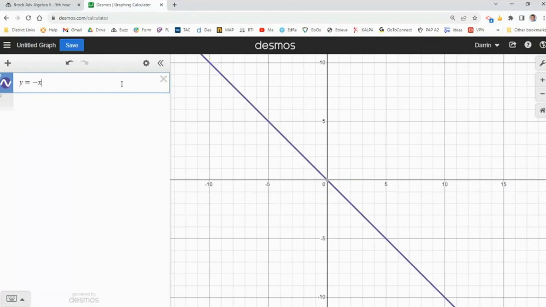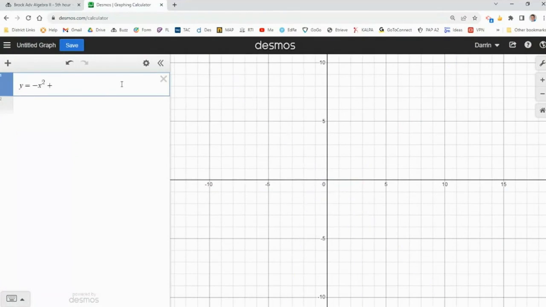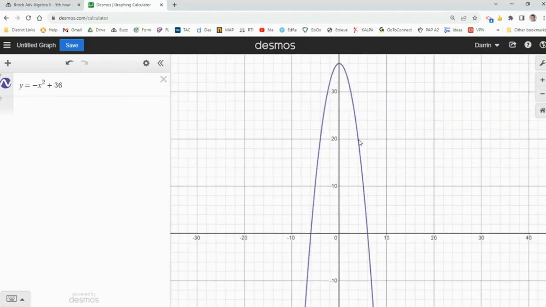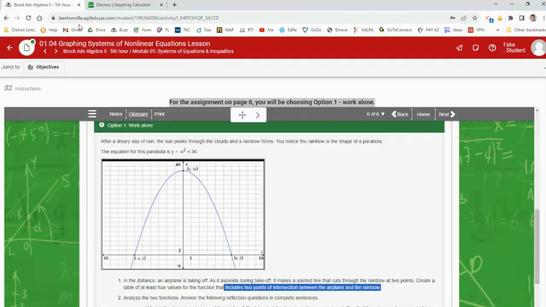So you can have those on Desmos and find some points you like. Oh, 4, 20 is a point. There you go. You can find some points where the airplane goes through there, but it may not be exact points. Oh, does it go to an exact point there? 2, 32 is a point. So you go 2, 32 and negative 4, 20 or something like that. Have your plane going through there.